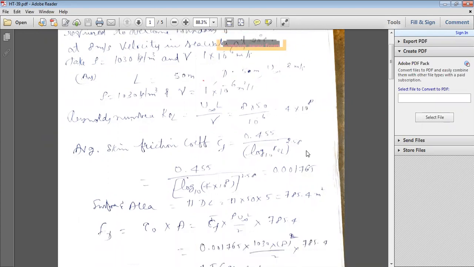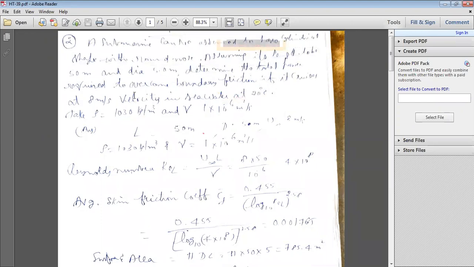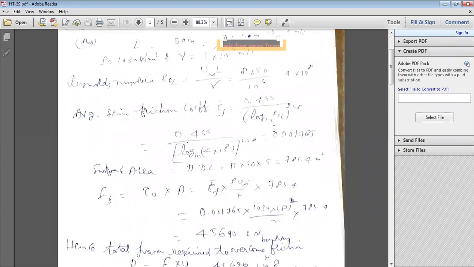So for turbulent flow, in order to calculate power to overcome the friction, first you have to calculate the drag force, the frictional force. For that you require the skin friction coefficient, the average skin friction coefficient. Okay, now all of you listen carefully. To calculate the total power required to overcome the boundary friction, you have to calculate the shear force or drag force.